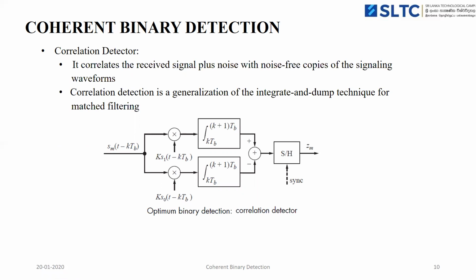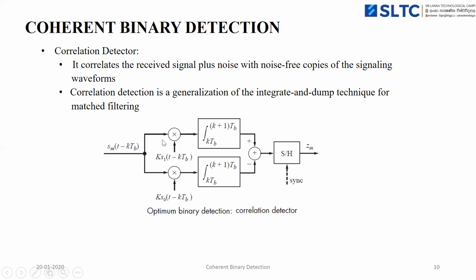Then another type of receiver is the correlation detector. In a correlation detector, the received signal is matched with, or correlated with, the noise-free copies of the signaling waveforms. This figure shows the optimum binary detector using a correlation detector.